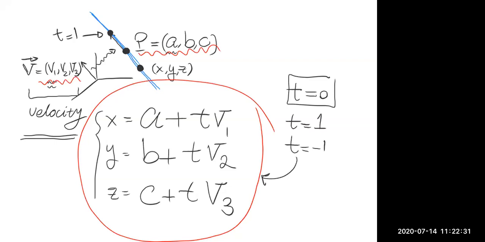Is it one equation or x, y, and z? Well, there are in some sense 3 equations, the x, y, and z equations. Yes, 3 of them together.